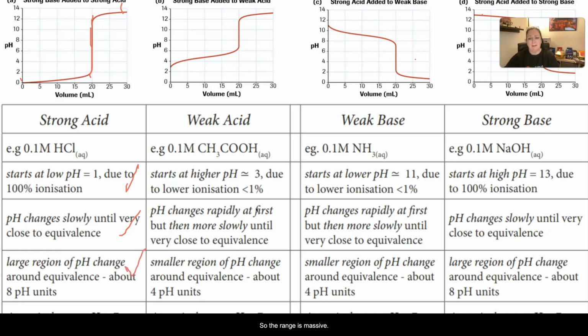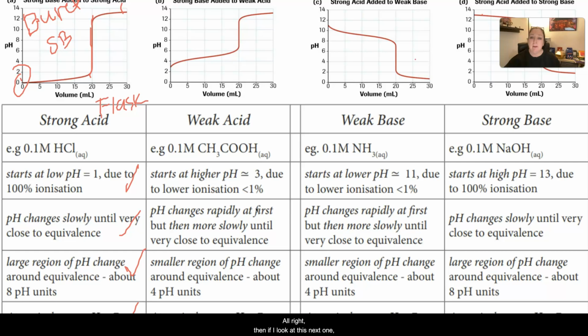The range is massive, and the equivalence point has a pH of 7. So I know that the one in my flask was a strong acid, and the burette was a strong base. I know that just by looking at this.